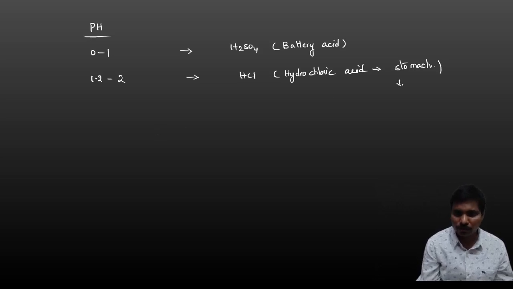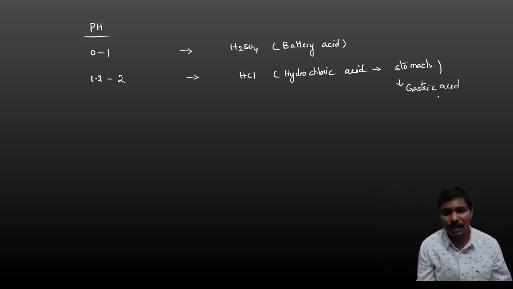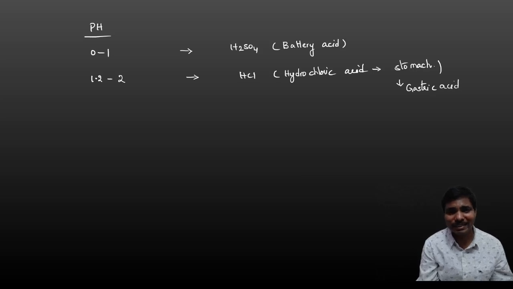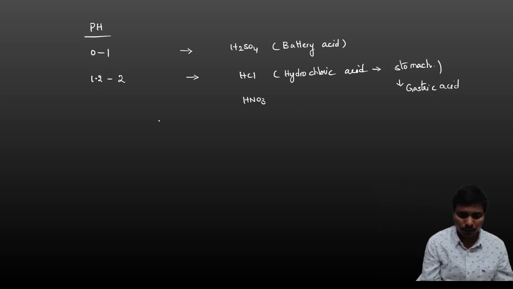We can also call it gastric acid. If they are asking exactly, you can give 1.2. So these are very, very strong acids. And HNO3, nitric acid, also belongs to 1.2 to 2 only.